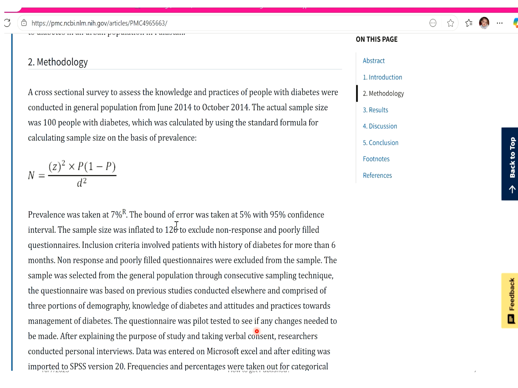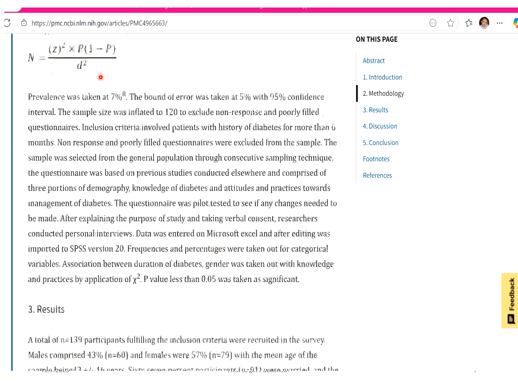So time is given, population is given, design is given, the sample size is given, and the calculation formula is given, on which the 7% prevalence was taken from a previous study for calculation of the sample size.